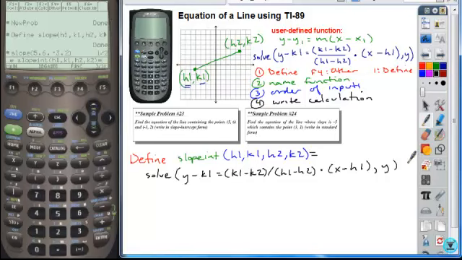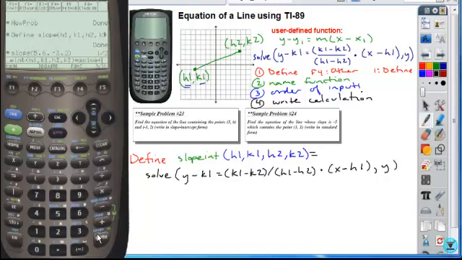If we type this whole thing, I'll again repeat it. The solve feature is under the F2 algebra tab, so hit F2 and choose solve, and then y minus k1 is equal to, in parentheses, k1 minus k2 divided by parentheses h1 minus h2, close the parentheses.